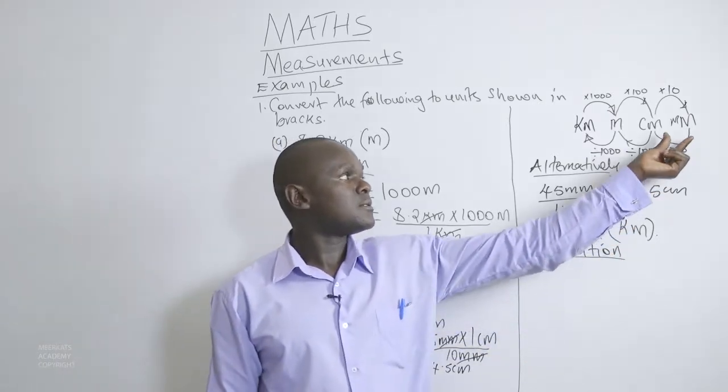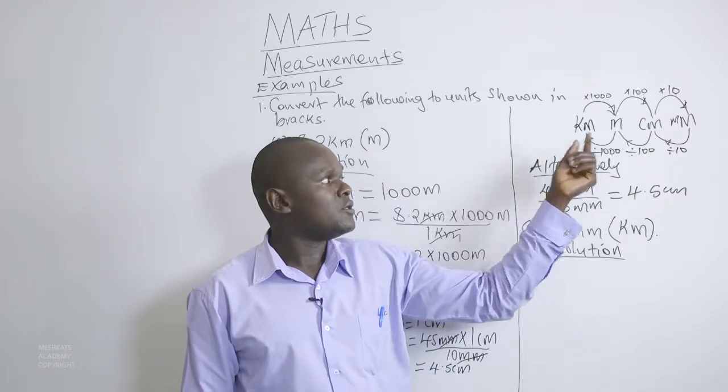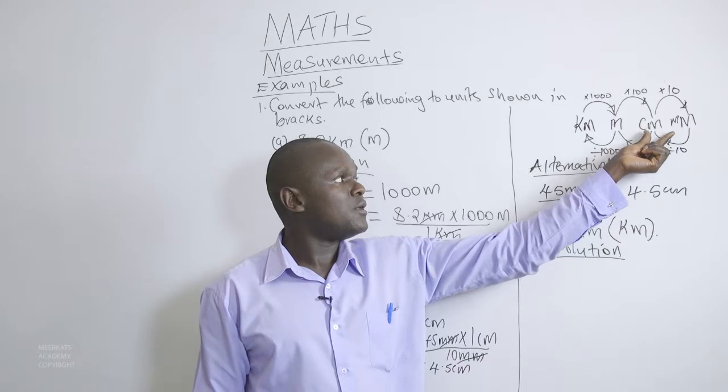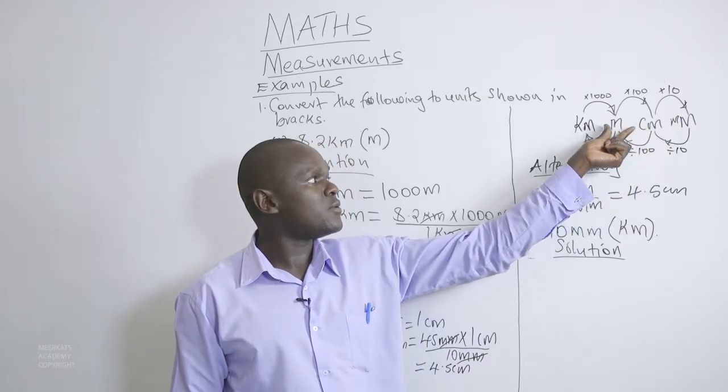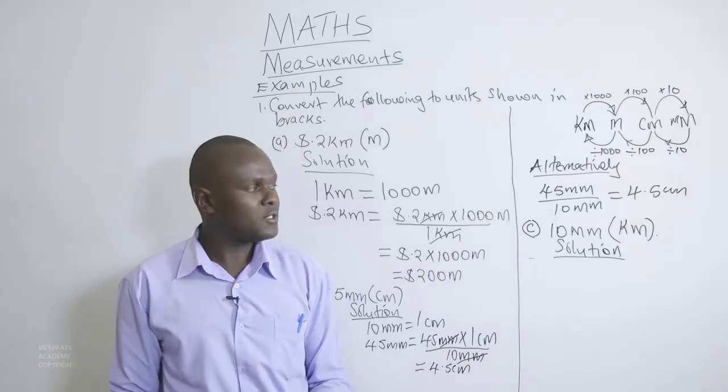Remember, we are at the millimeter point. We want to move to kilometer. So whatever we are given, we divide by 10 to centimeter, then we divide by 100 to meter, then we divide the result by 1,000 to get kilometers.